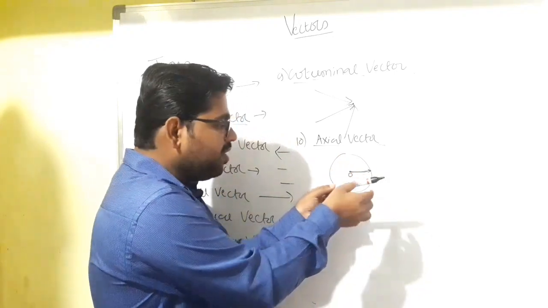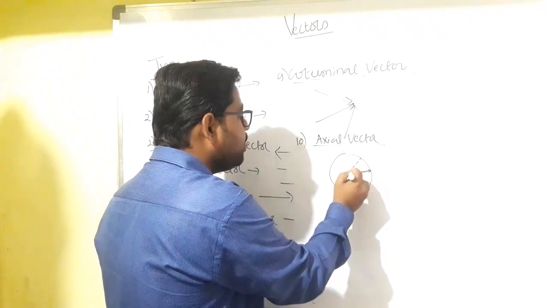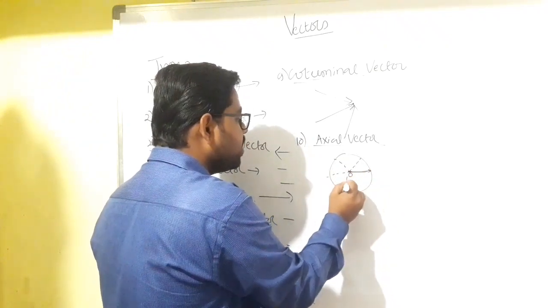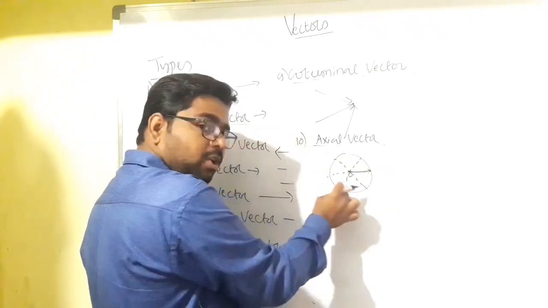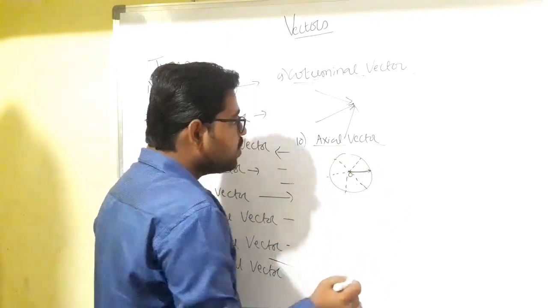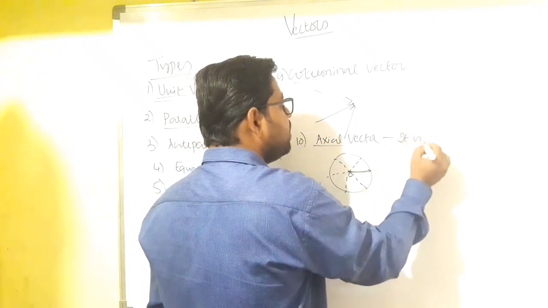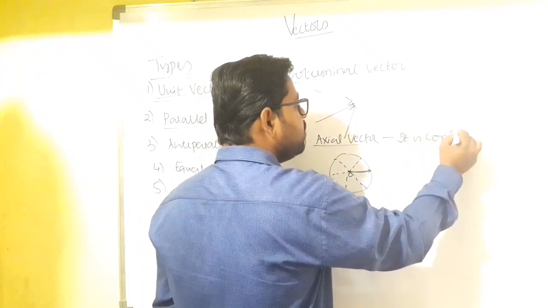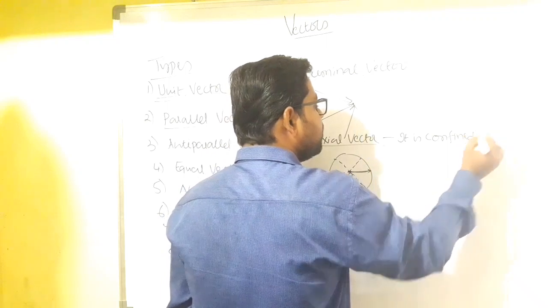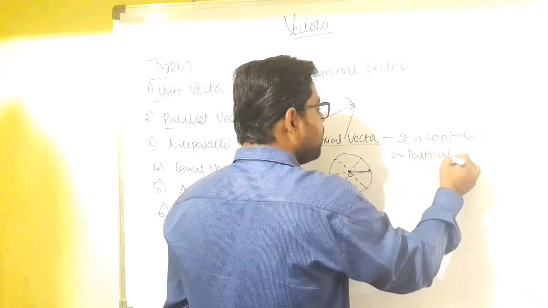If at all it is moving, it is moving about this axis only. It may be here, it may come here, it may come here. So it will be rotating about which particular axis? About this particular point O. So that means what? How do you write it? It is confined to a particular axis.